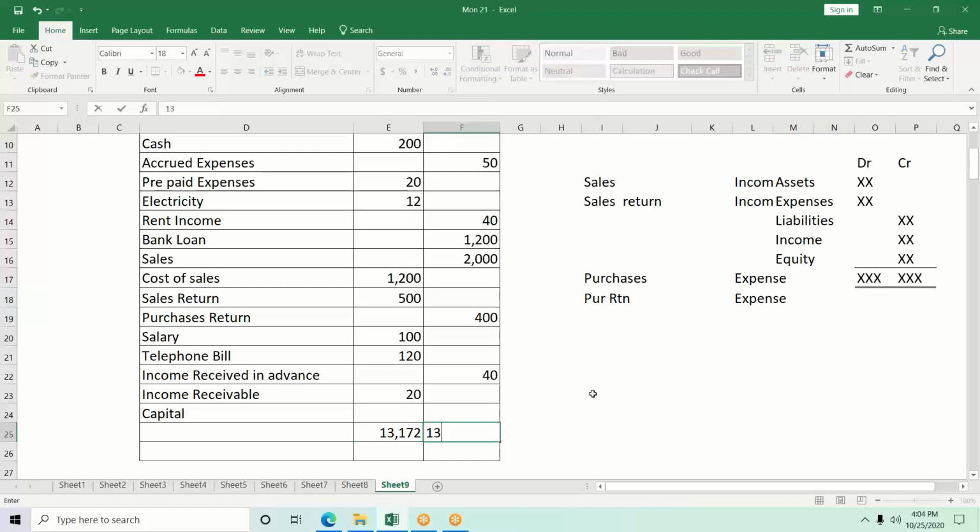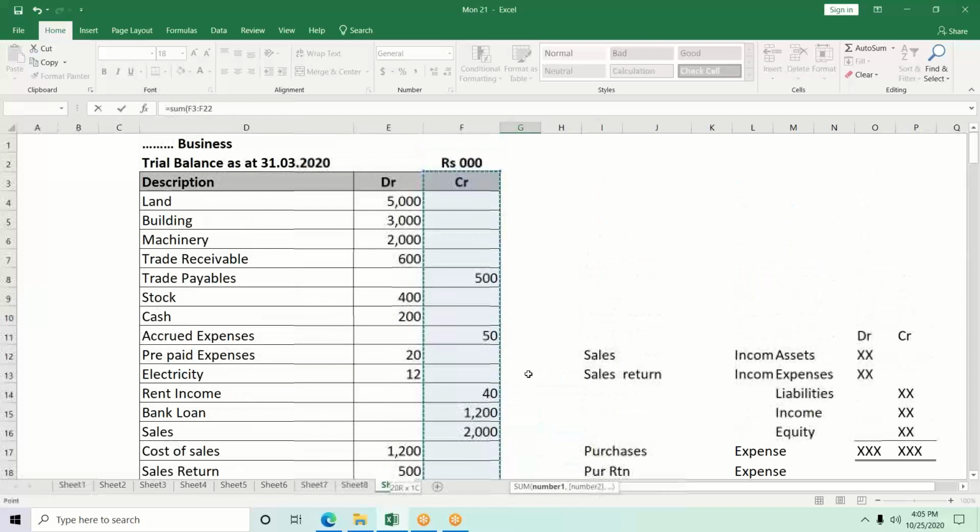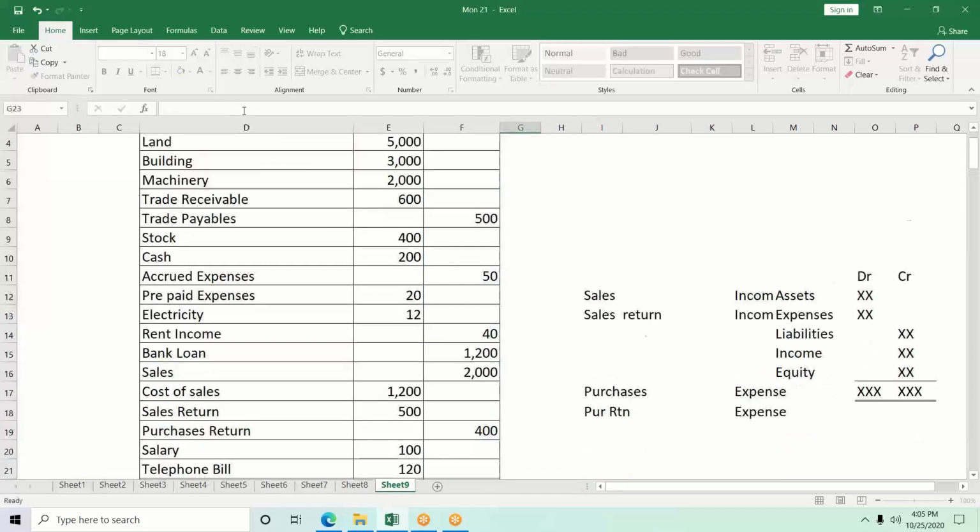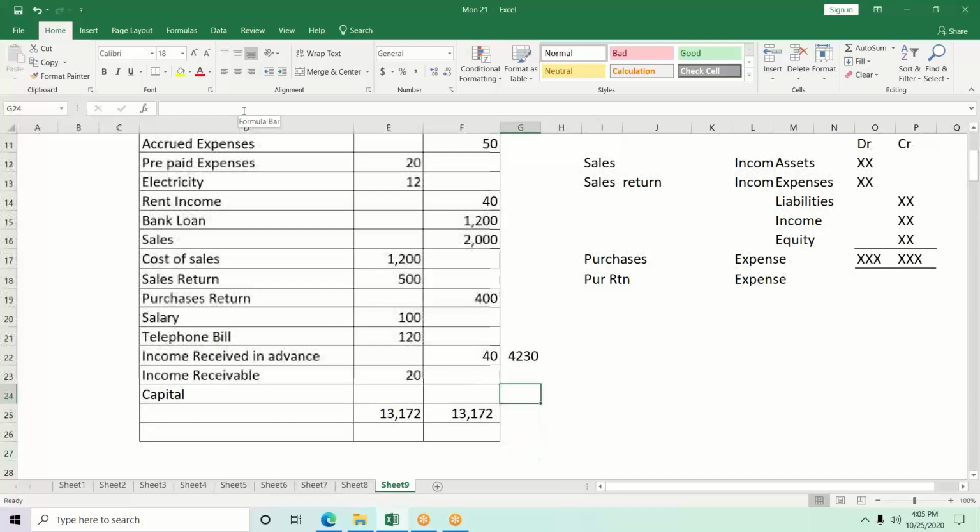So you can take the 13,172,000 to the other side and then subtract the credit total. The credit total is 4,230.